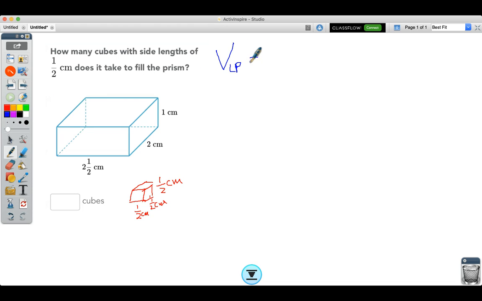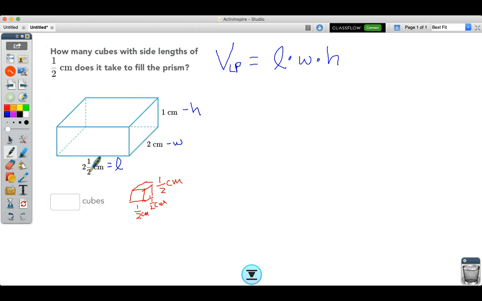Volume of a prism is length times width times height. We'll call this the length, the width, and the height. But really, depending on how it's flipped, they could all change. The key is consistency.